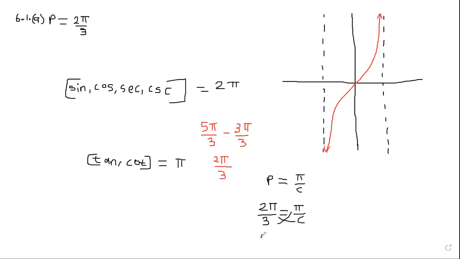We find that 2 pi C is equal to 3 pi. And if you divide by 2 pi, then the pi's will cancel, and you find that C is equal to 3 over 2.